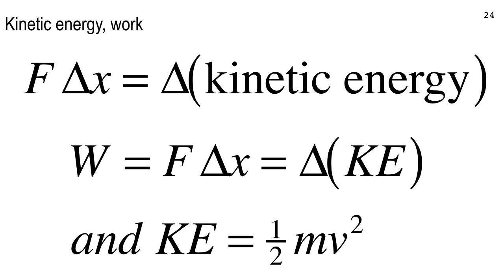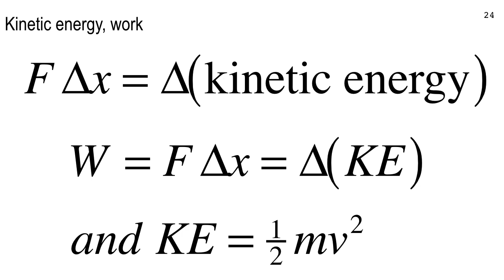And I don't think anybody really knows why that is. You know, why isn't it 1/2 mv to the third power? Or 1/3 mv to the third power? Or 2.5 times mv to the 19th power, or any other power? Why is it 1/2 mv squared? I don't think anybody knows.